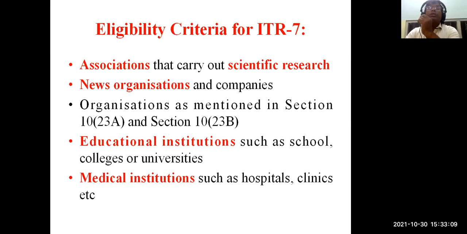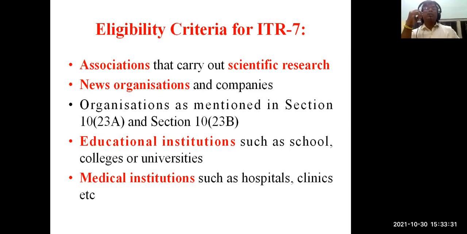Then associations that carry out scientific research will fill up ITR 7. News organizations and companies, the organizations that deal with news collection and news distribution, will also fill up ITR 7.